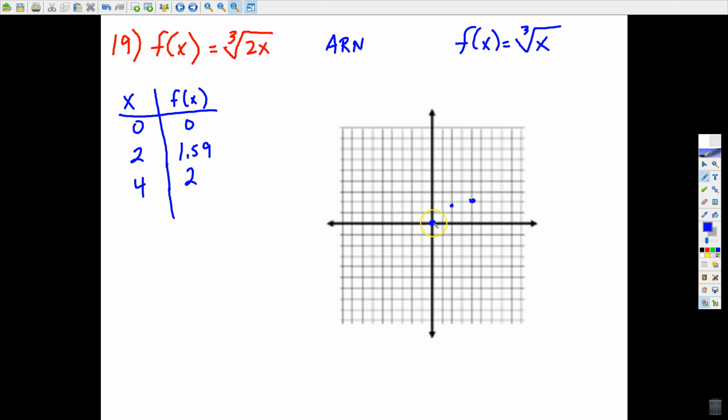You're only showing numbers that are greater than or equal to 0. So if you choose a positive number as an input, make sure you choose the negative. So for -4, -2. So this would be the cube root function graph.